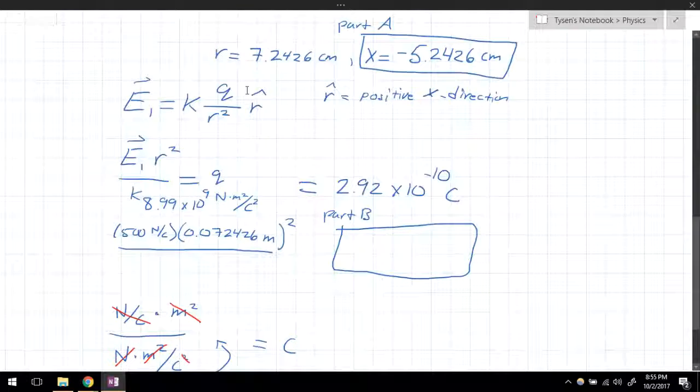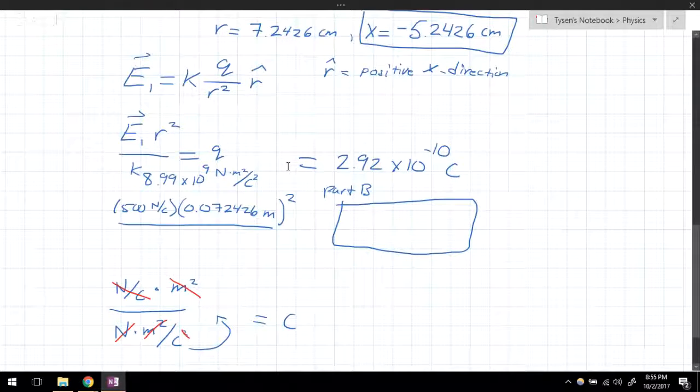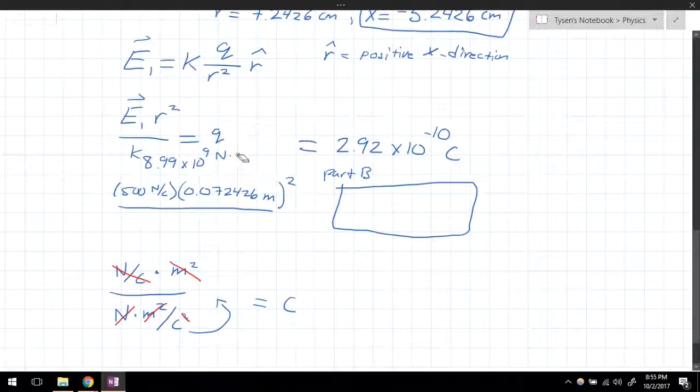The second is we're going to find the charge, that point charge, using the information we now know from the distance that it has from our test charges. We're going to come back to our equation here and rearrange it to solve for Q. Some of this got messed up when we scrolled.